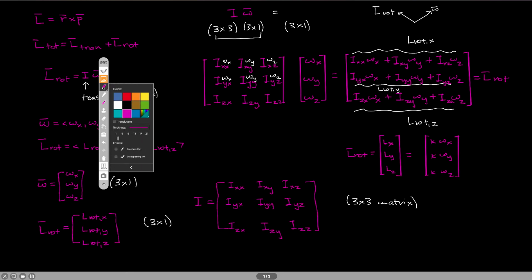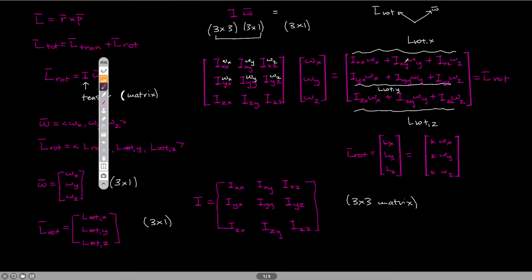All right. So if I go back and look at my general result for L rotational, to have an x component that only depends on omega x means that these two need to be 0.